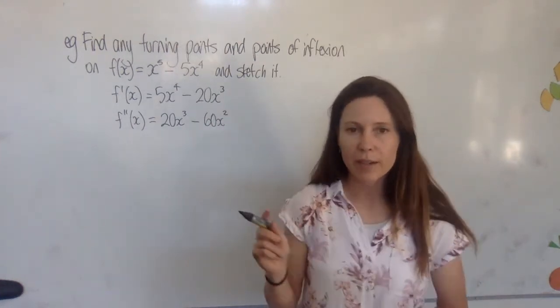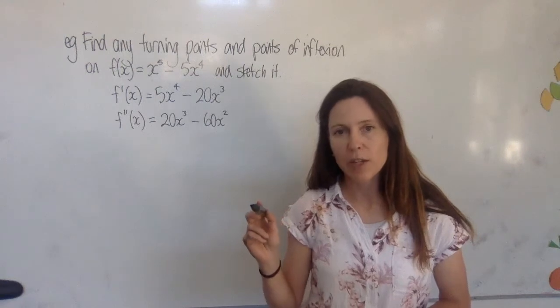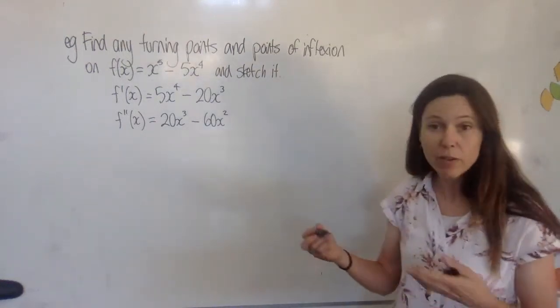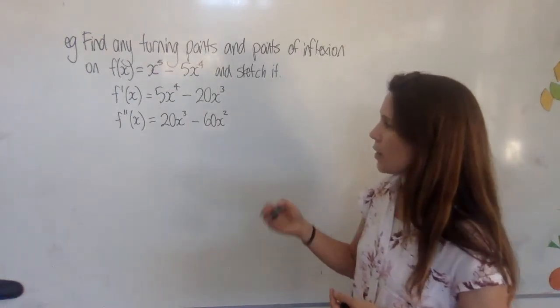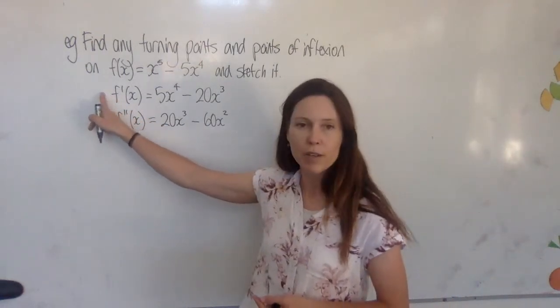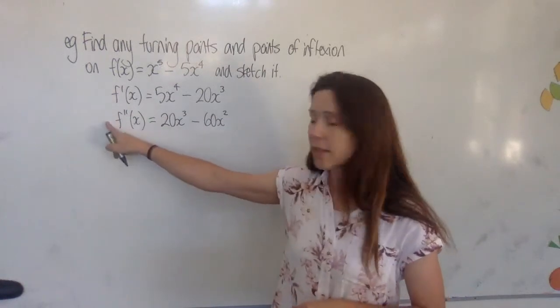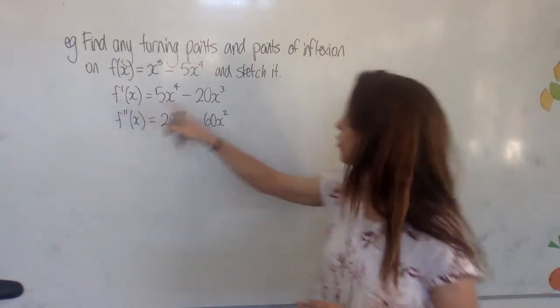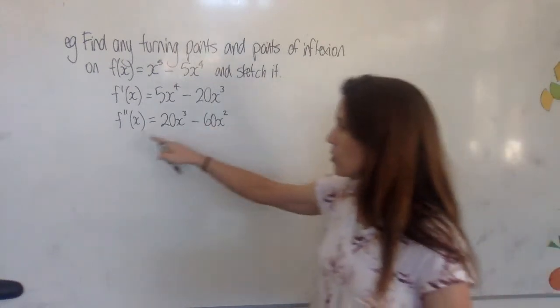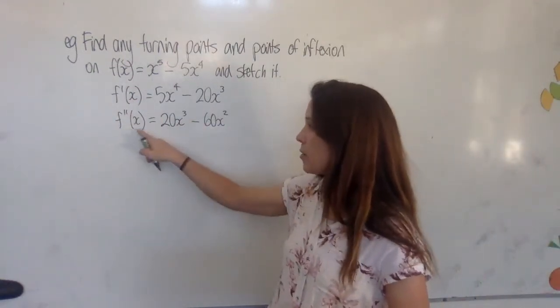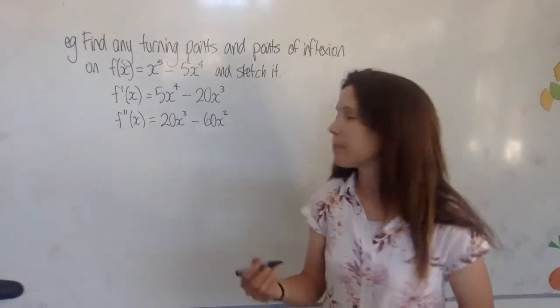Now we've seen already that it can be handy to factorise these so that when you let them equal 0, you can easily see what the zeros of these functions are. Now remember, we're letting this first derivative equal 0 to find where the flat spots are, and then we're going to let the second derivative equal 0 to look for points of inflection, and we're also going to sub in our flat spots, their x values, to see what the second derivative is doing there.